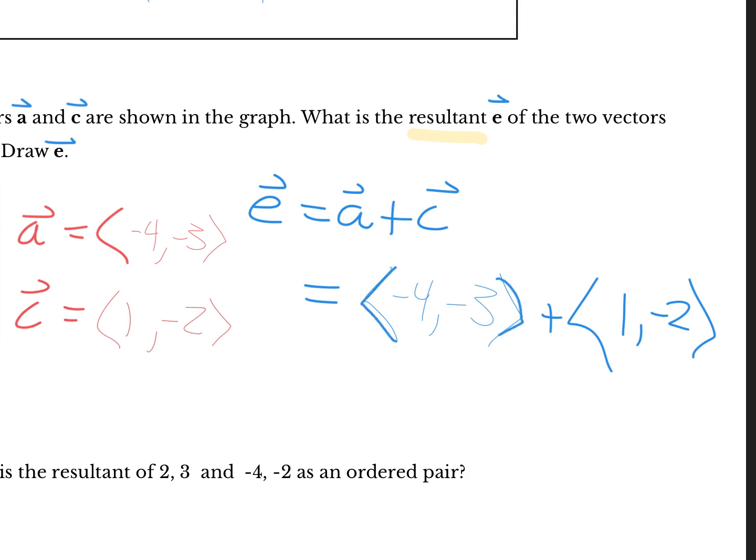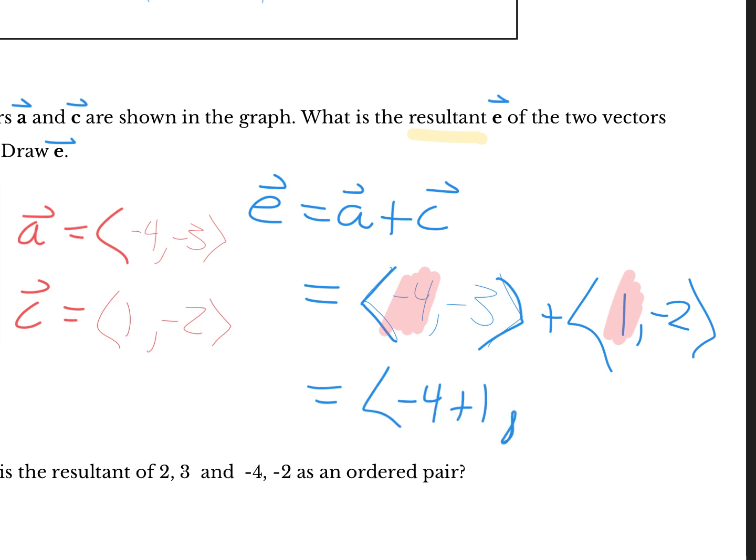Now that I have those, I can simplify this a little further. I'm going to take the two x values, in this case -4 and 1, and add those together. So I'll take -4 plus 1. That's my new x value.